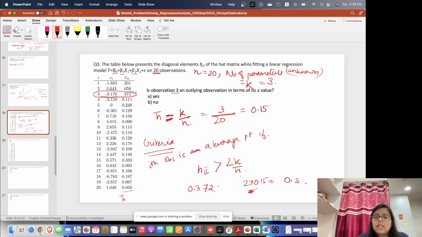So here we see that this observation is greater than 0.3, so we say that yes, the third observation is a leverage point. Okay, so the answer is A.